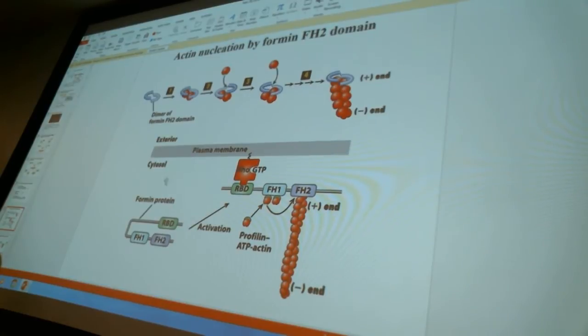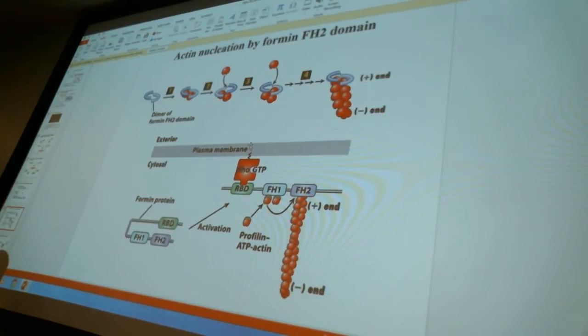So here's an example of such a network where we have formin protein. This is the inactive, self-folded state, where a special domain, the RBD domain, can interact essentially with a very special Rho GTPase. You already learned about a few GTPases, SAR1, RAB GTPases.